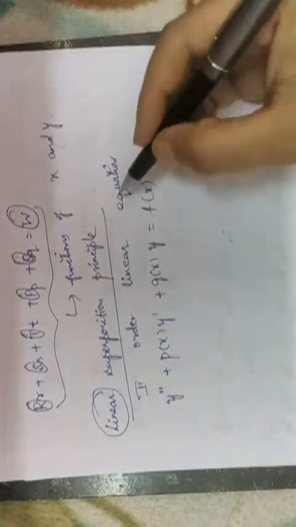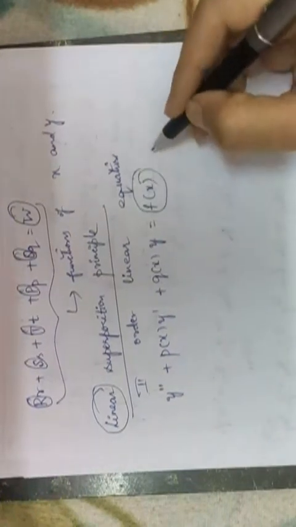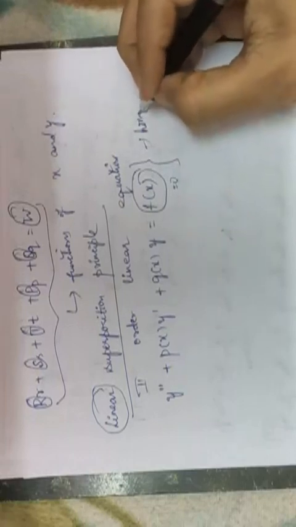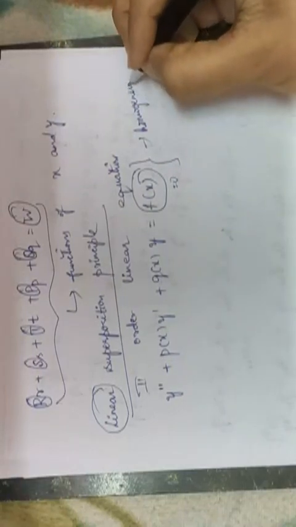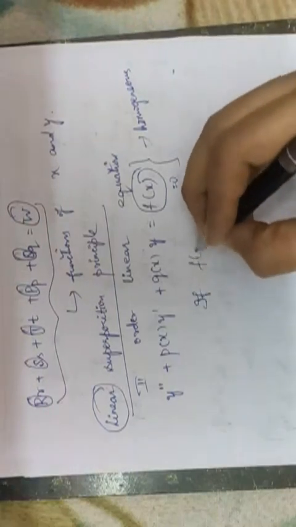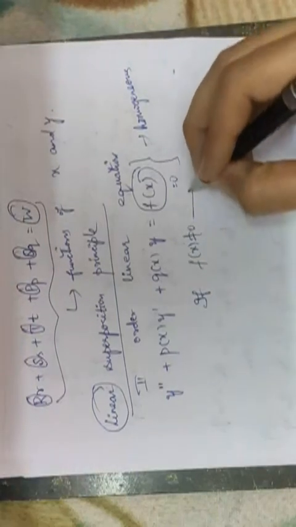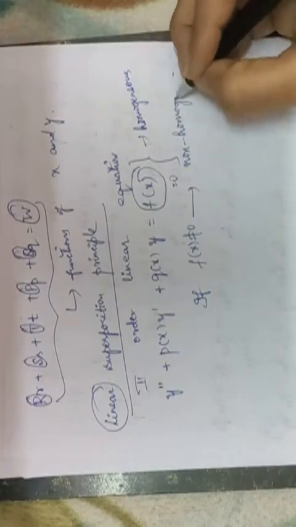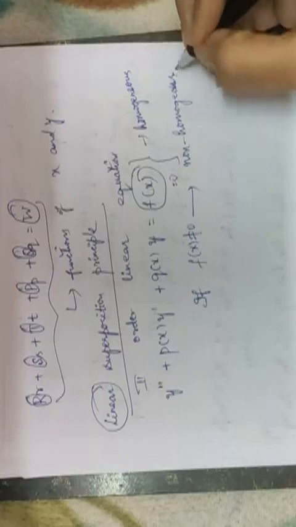So we have seen in ordinary differential equations, if f(x) is equal to 0, then this leads to a homogeneous linear differential equation. If f(x) is not equal to 0, then this leads to a non-homogeneous linear differential equation.